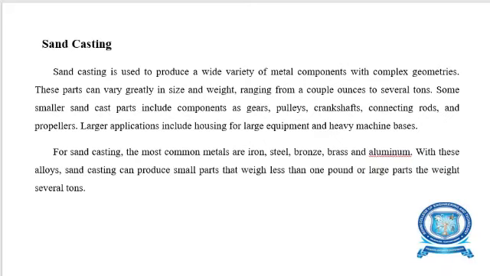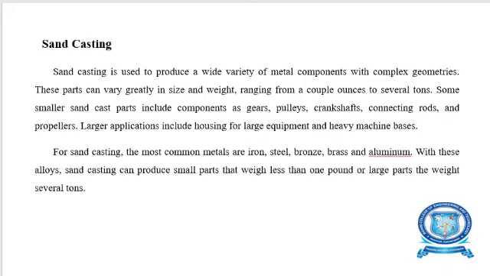Sand casting is used to produce a wide variety of metal components with complex geometries. These parts can vary greatly in size and weight, ranging from a couple of pounds to several tons. Some smaller sand casting parts include components such as gears, pulleys, crankshafts, connecting rods and propellers. Larger applications include housings of large equipment and heavy machine bases.